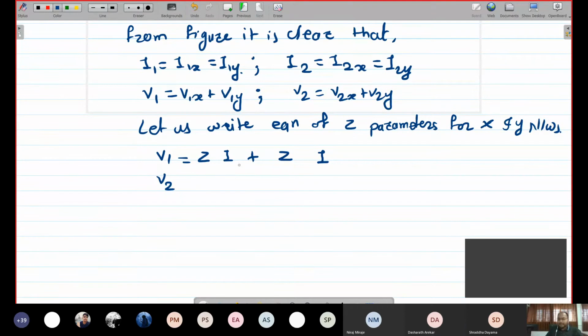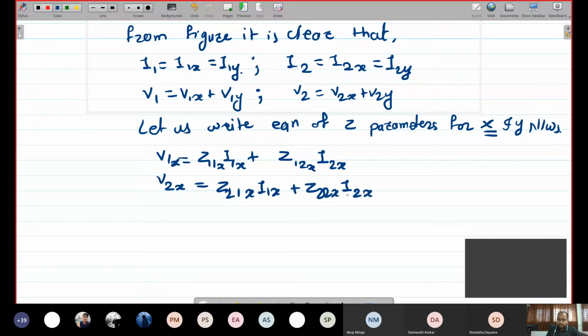Okay. So remember, right now let us write the Z parameter equation for X network. So you need to suffix X everywhere. So this is Z11X, I1X, right? Z12X, I2X. Okay. So only suffix X is added over here. Nothing else we did. Fine. So over here as well, Z21X, I1X plus Z22X, I2X.